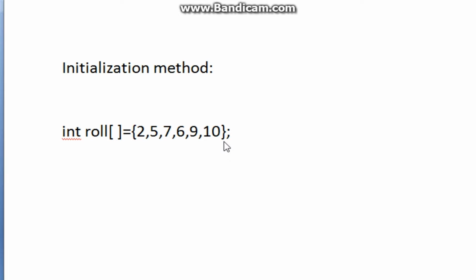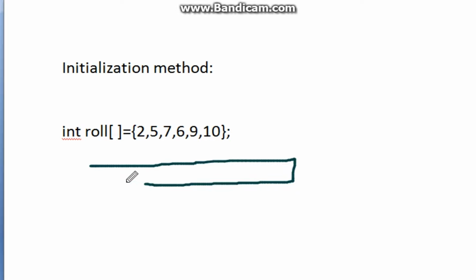And what does initialization mean? Here, once again, make an array memory. This is our first block, and what is the value at first? That is 2, and at second that is 5, third that is 7.